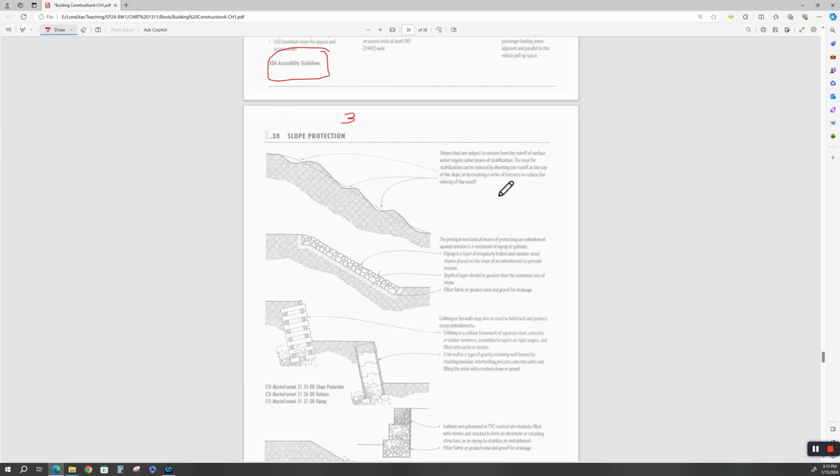Now, we need to create a series of terraces to reduce the velocity of the runoff. That's what he's trying to do here. He's calling this a terrace. You've probably seen pictures of those rice paddies in China and other places where they're built on the side of a mountain, where they're hard wall terraces, and then they grow the rice up in here, and that holds the water.